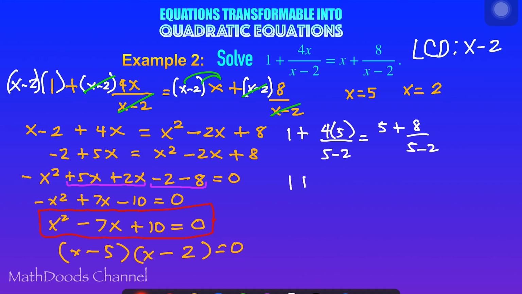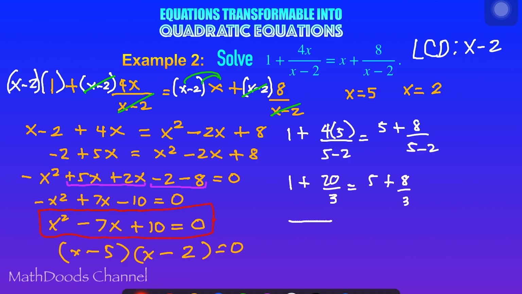So, magiging 1 plus 20 over 3 equals 5 plus 8 over 3.